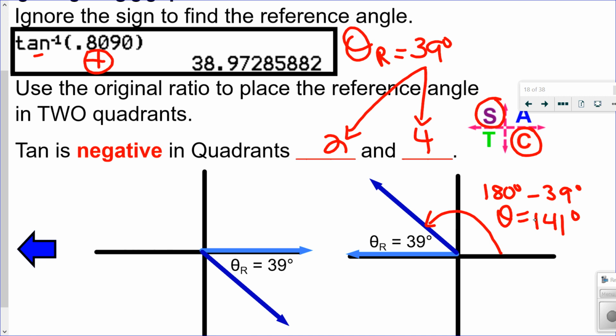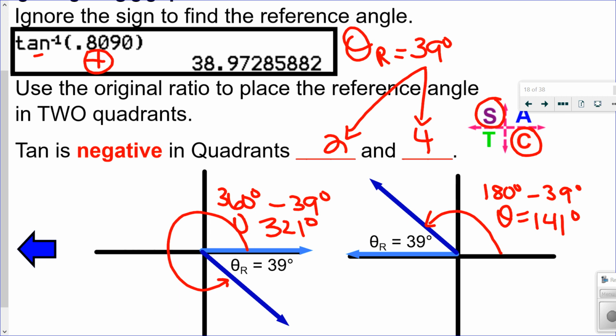Another possible answer is in quadrant 4, all the way around to there. I haven't made it to 360. I'm short 39 degrees. So subtracting those, that's going to be 321 degrees. So there are my two possible answers, 321 degrees or 141 degrees.